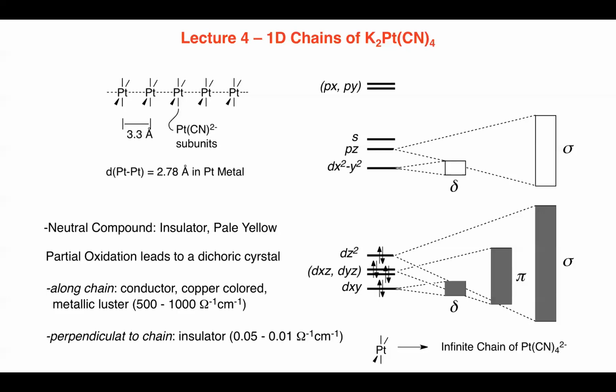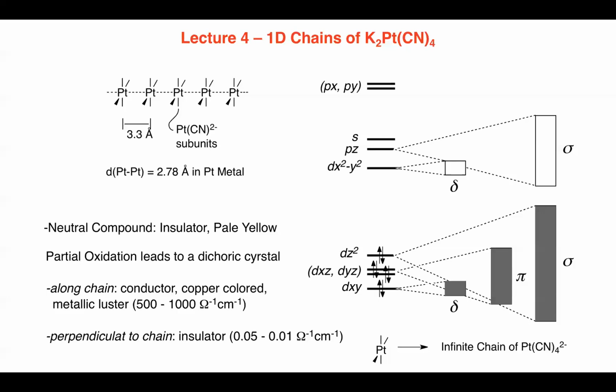Now, in potassium tetracyanoplatinate, what you'll find is that this thing packs into chains. It does this really fun thing where all of the platinums stack, and you make a big, long, linear sandwich of platinums where the platinum orbitals are interacting. The spacing in the dipotassium tetracyanoplatinate is really about 3.3 angstroms, which is relatively long.